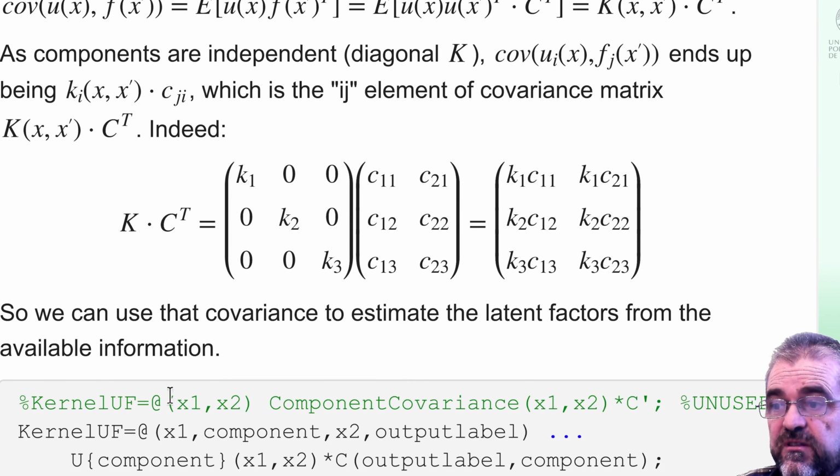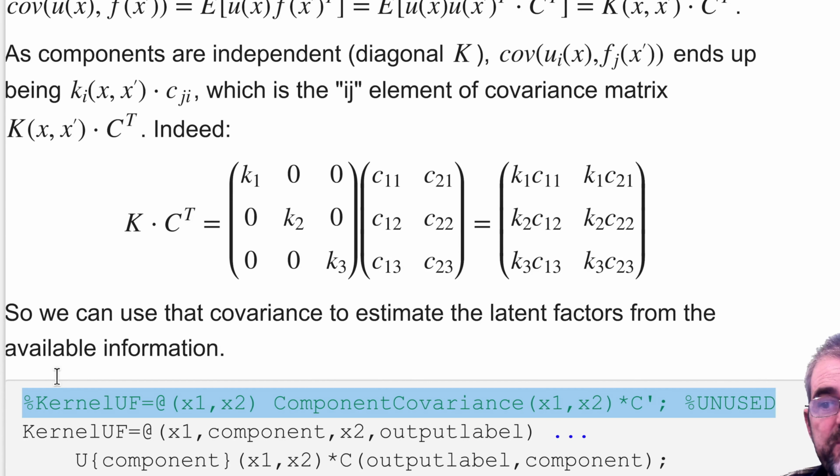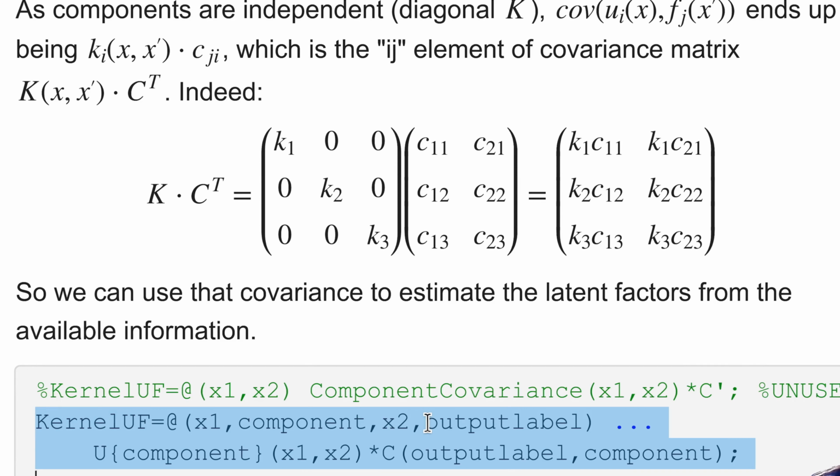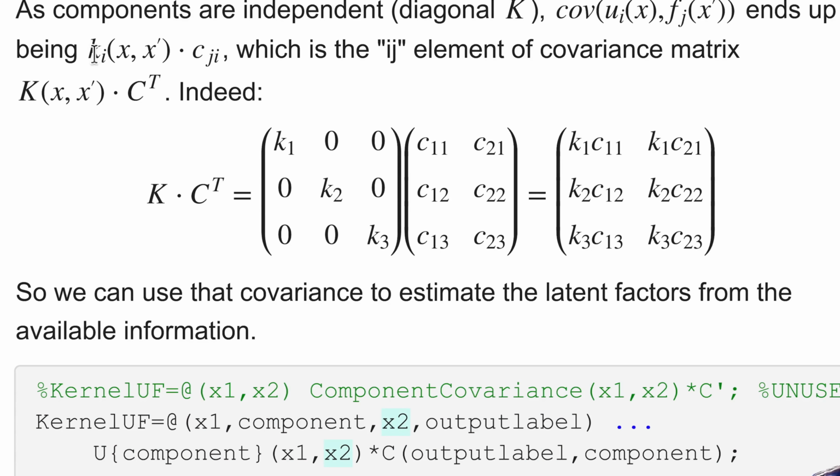So instead of using a big matrix representation, we will actually use in our code this function as the covariance between a given component at abscissa x1 and a given output label 1 or 2 at abscissa x2, and that function is just implementing the expression we discussed a minute ago.